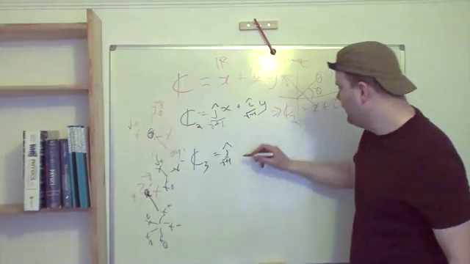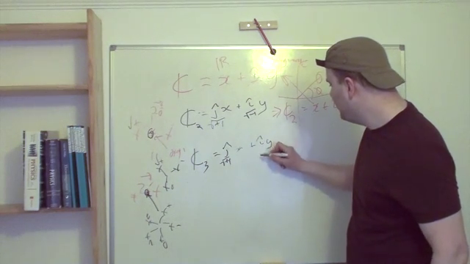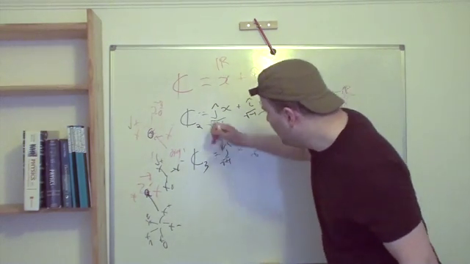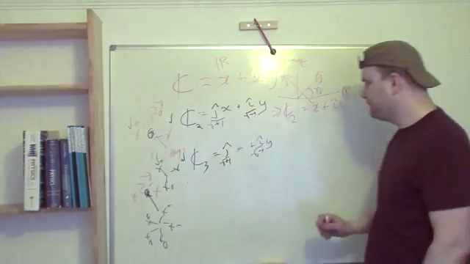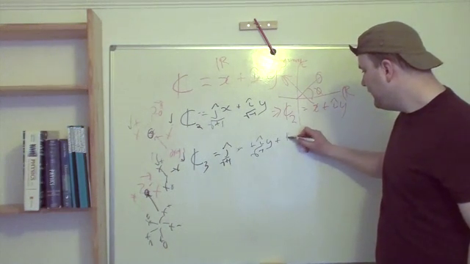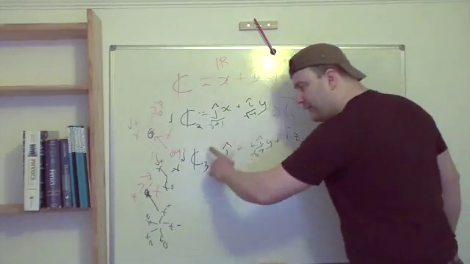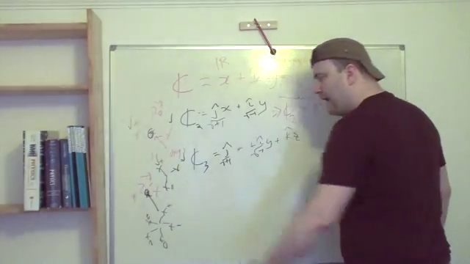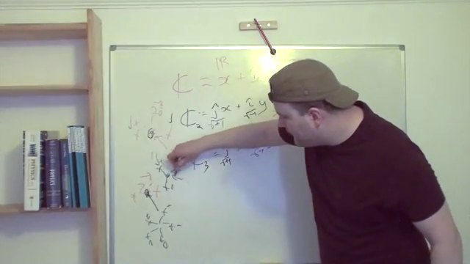Tick those off. So jx plus iy, which is the square root of minus 1. Again, the familiar minus. Plus kz.